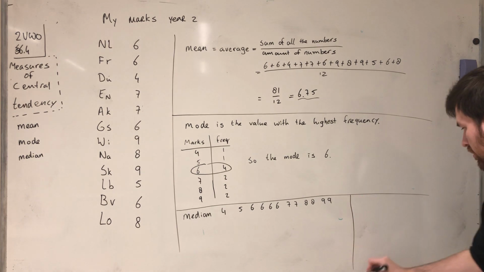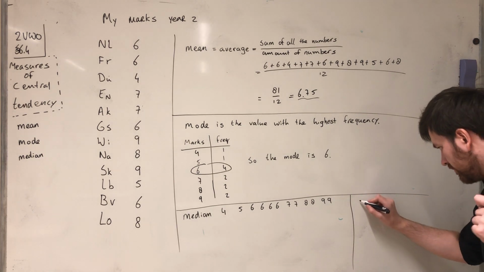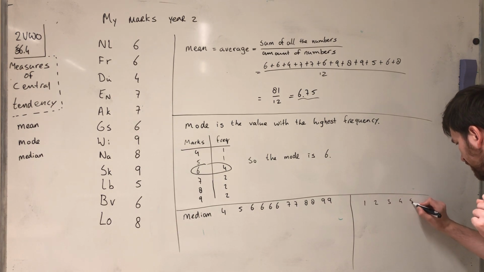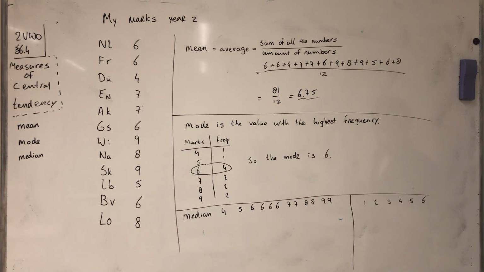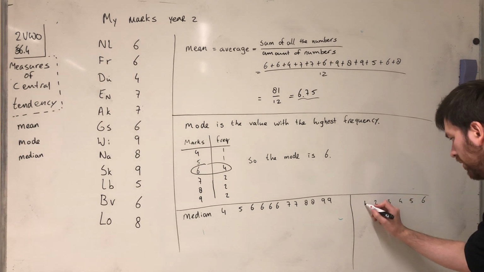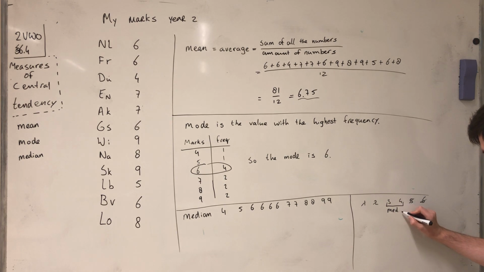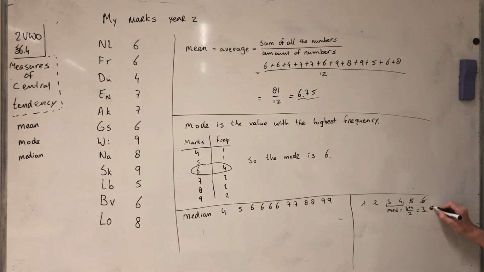Before I'm going to answer that, we're going to look at a small side note. If I have 6 numbers, 1, 2, 3, 4, 5, and 6, which number is in the middle? Well, it's definitely not 1 or 6. It's definitely not 2 or 5. Is it 3 or 4? Well, it's actually both of them and then the average of it. So if these two numbers are in the middle, then the median is 3 plus 4 over 2, which is 3.5.